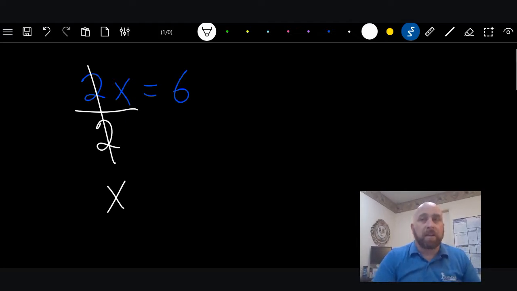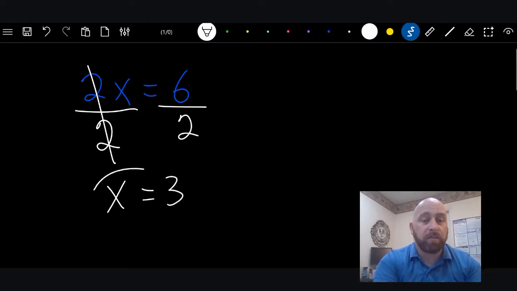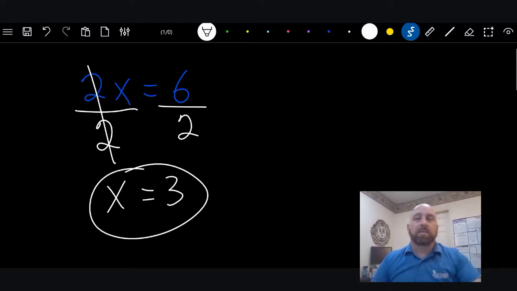So we're going to divide by 2, and that's going to cancel, and we're going to get x on that side. However, what we do to one side, we also have to do to the other side. So x equals, what is 6 divided by 2? Well, it's 3. So there's our answer: x equals 3. Now we have all of the letters on one side and all of the numbers on the other side. Let's check it.